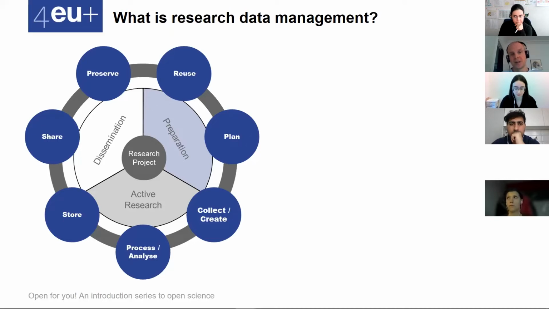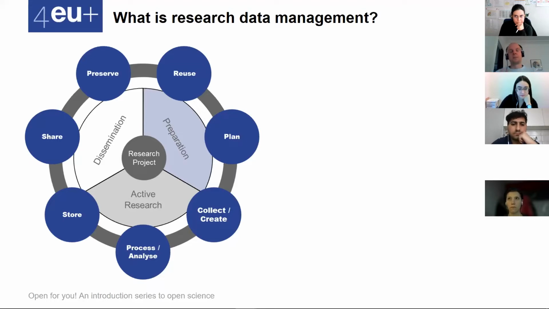In each phase of a research project, there are aspects of data management to consider. Of course, this is not a linear process. You often go back and forth between the active phase of research and the preparation phase, maybe when you have new ideas or new collaborators come into the project.